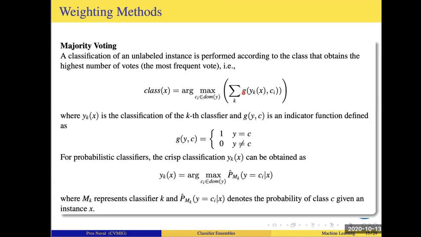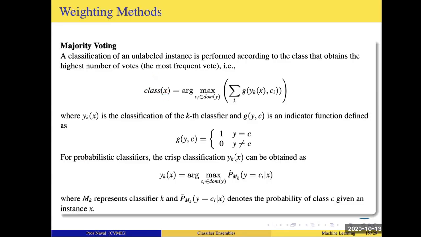So for class 1, for example, if y is class 1, meaning there's a match between the two, then this turns into 1. We sum up all of this, count all of this, put them together, and take the argmax. That would be the class of your instance.